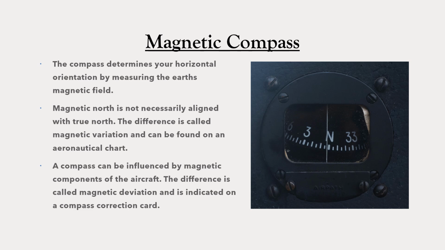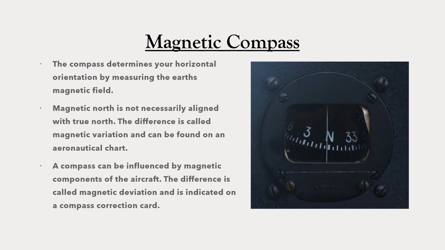That difference is called magnetic deviation, and you correct for that by looking at a little card that's usually posted somewhere near the compass that tells you what direction you need to have on the compass for different directions that you want to actually be going. That card is experimentally determined. The aircraft is pointed in different directions that are known, and then somebody sees what the compass reads and writes that down.